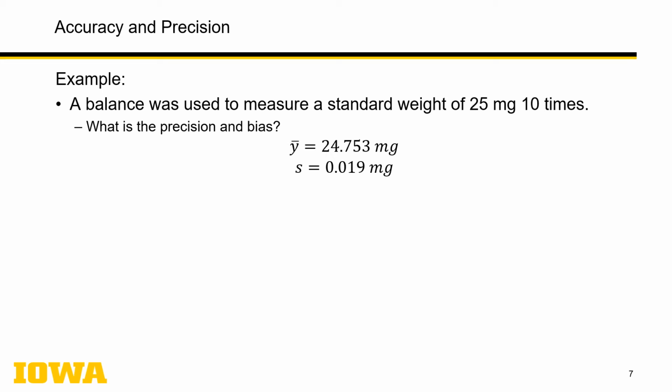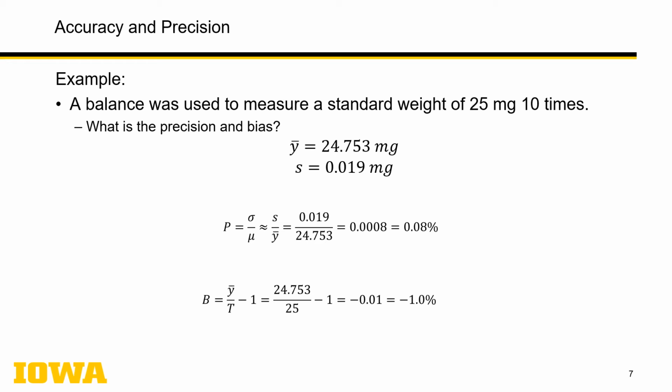So we have a standard deviation of 0.019 milligrams. So we just go through these simple calculations. The precision is the standard deviation divided by the mean. We end up with 0.0008, which is 0.08%. So we're somewhere near 0.1% for precision.